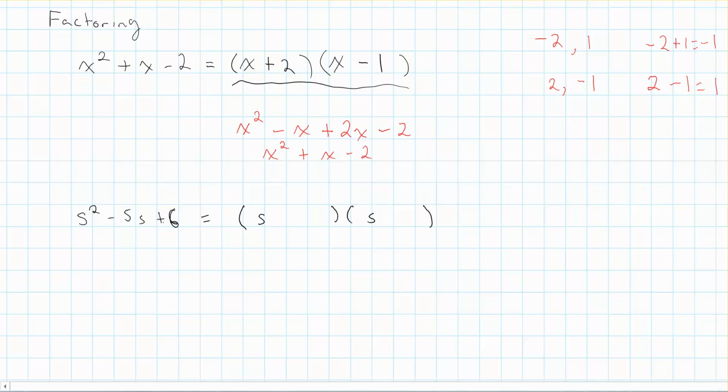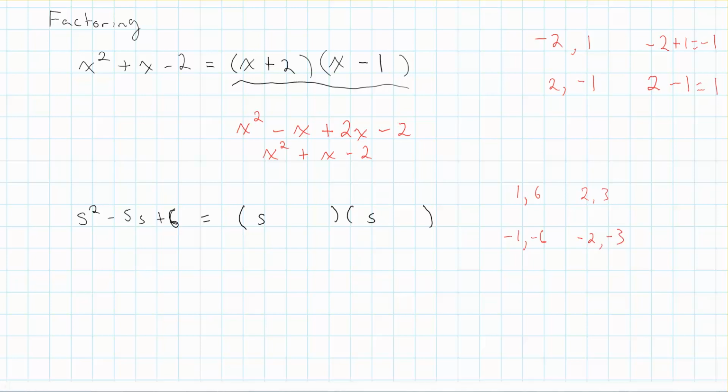Now we have a couple options here. We have to have numbers that multiply to 6, so 1 and 6 multiply to 6, 2 and 3 multiply to 6, but then we also have to think about negative 1, negative 6, that multiplies to positive 6 as well, or negative 2, negative 3, and that multiplies to positive 6 as well.